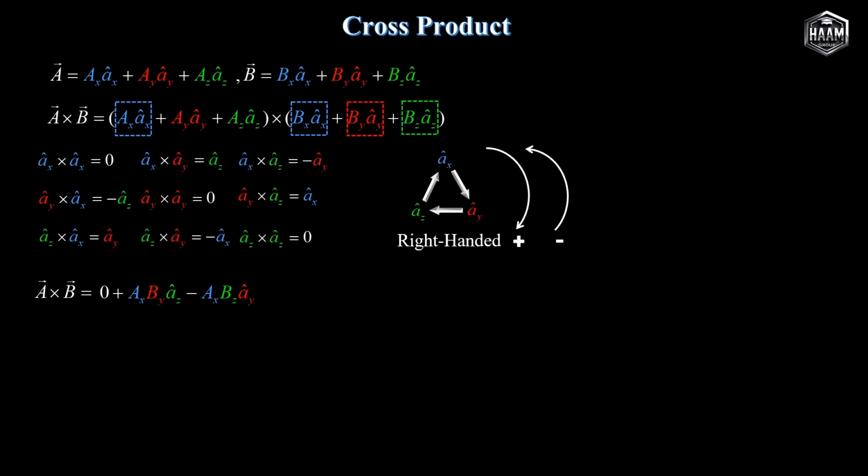The third term, directed counterclockwise, gives negative A sub x, B sub z, A hat sub y, as A hat sub x cross A hat sub z equals negative A hat sub y. Proceeding to the second and third components of vector A distributed across vector B, we utilize the same cyclic rule.